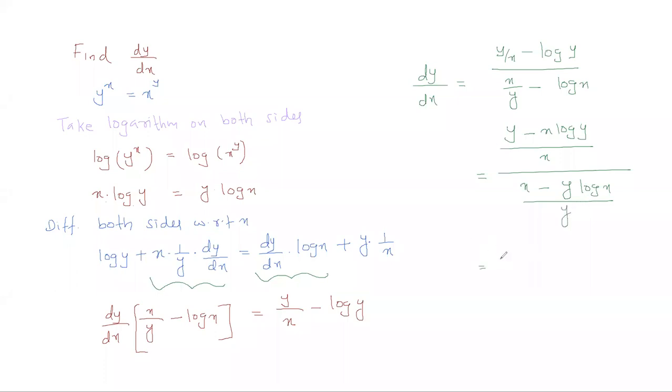In other words, this x will go to the denominator, and this y, the denominator of the denominator, will go to the numerator. So it will become y by x into y minus x log y divided by x minus y log x. That's the answer.